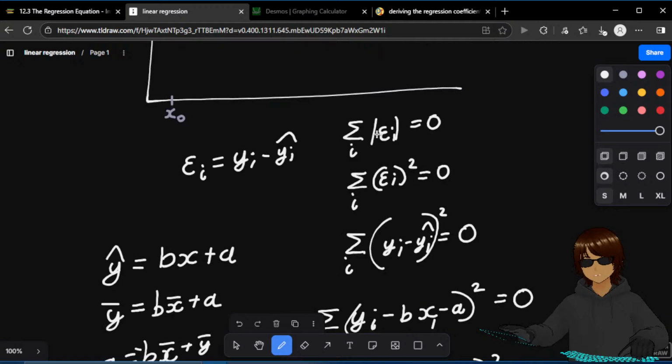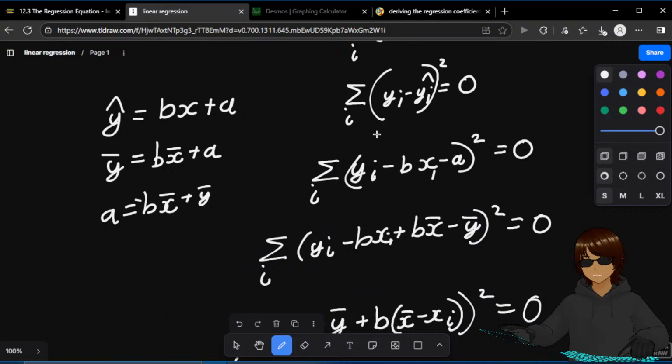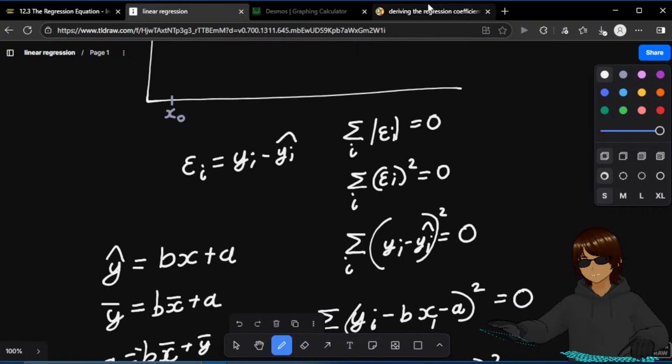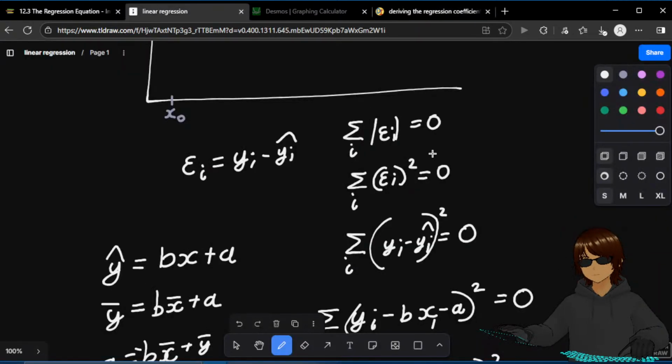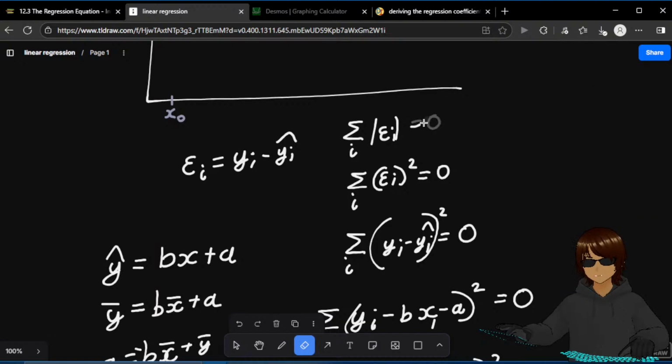We have the loss over here. We want the loss to be a minimum, right? No, I think I have this wrong.